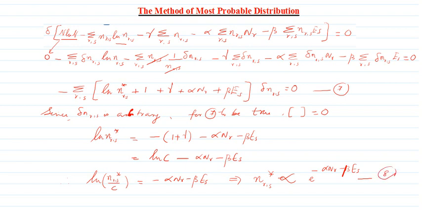Now what we are going to do, from equation number 1, since the sum over all RS values of NRS is equal to N, the total number of systems in the ensemble, I can say that NRS star is proportional to e raised to minus alpha NR minus beta ES.